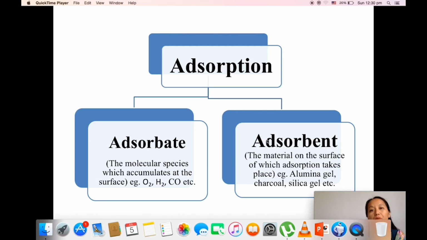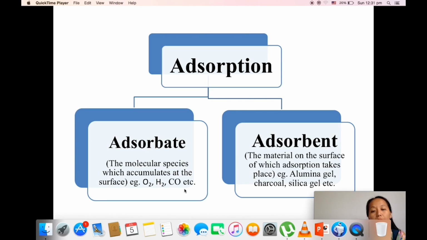Whereas the material on the surface of which adsorption takes place is called the adsorbent. The examples that I've taken are alumina gel, charcoal, silica gel, etc. Here you can see that the adsorbates I've taken are gaseous, whereas the adsorbents, alumina gel, charcoal and silica gel, are all solids.